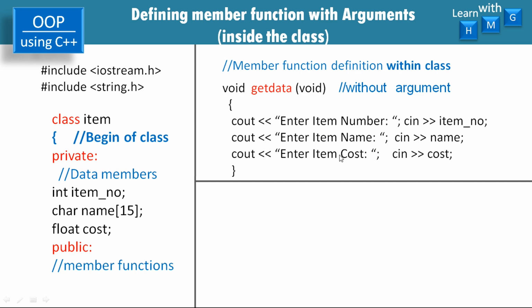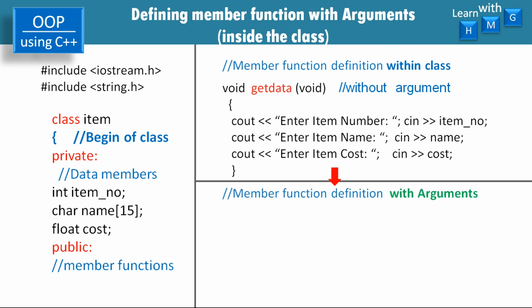Using cin and extraction operators, all these three variable values are accepted: cin extraction item no, cin extraction name and cin extraction cost, and end of the function. As this function is not returning any value, it is a void function, so there is no need to write a return statement.